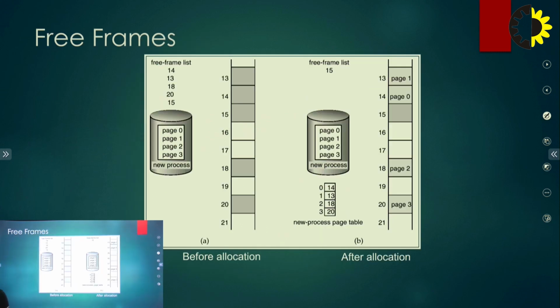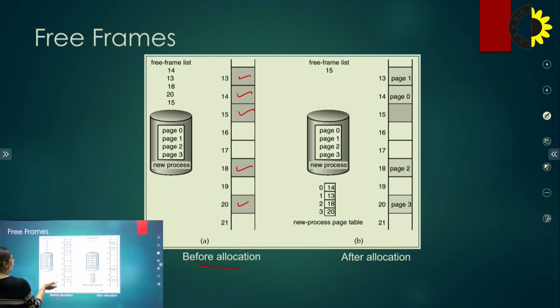Now, how is the page table created? Before allocation, these are the frames which are free. We have 13, 14, 15, 18, and 20, right?